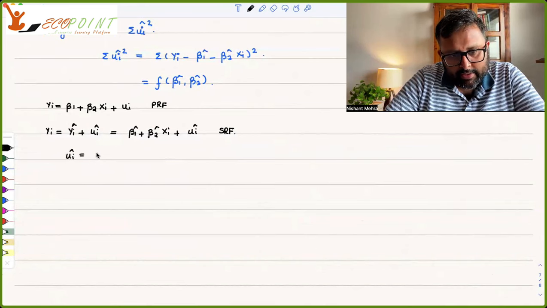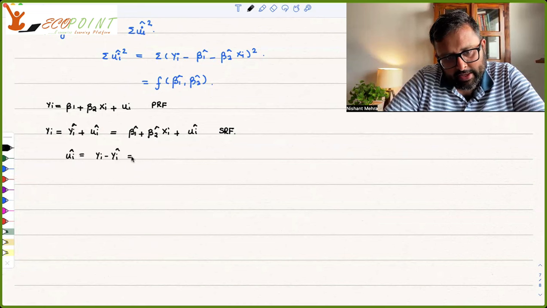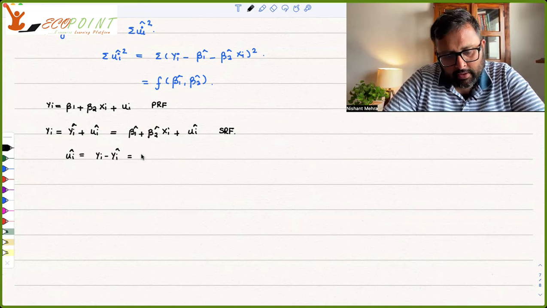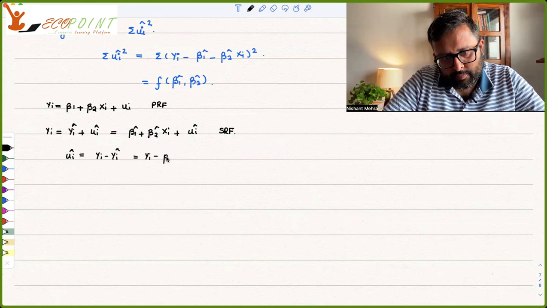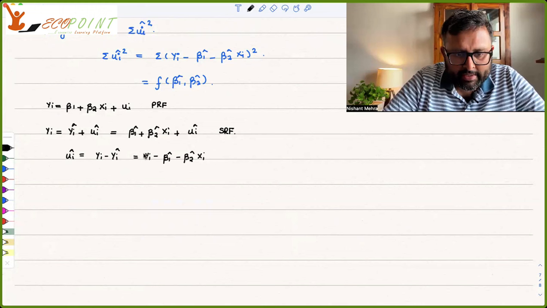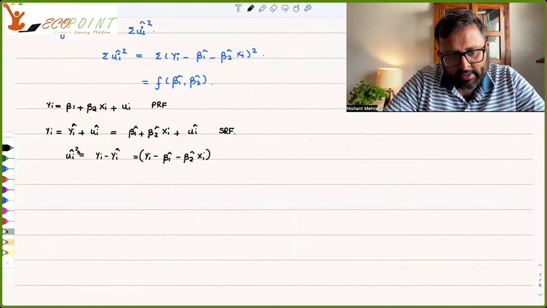And what is our residual? yi minus yi hat, which I'll write like this: yi minus beta 1 hat minus beta 2 hat xi, right? And if I square this, it becomes like this.